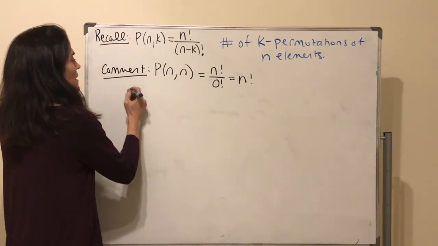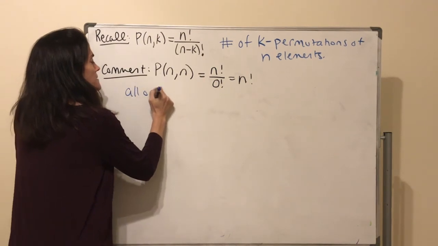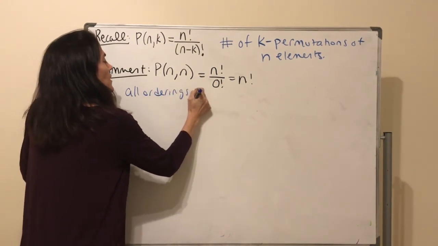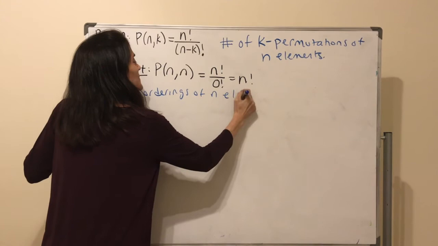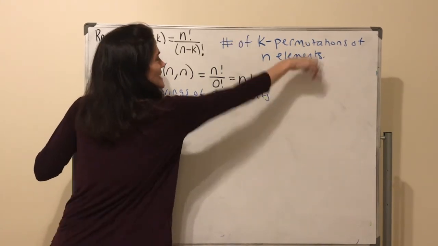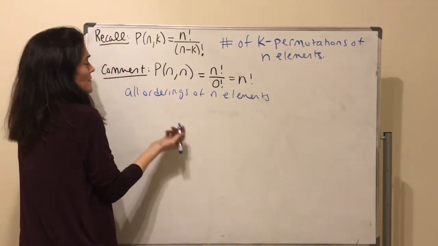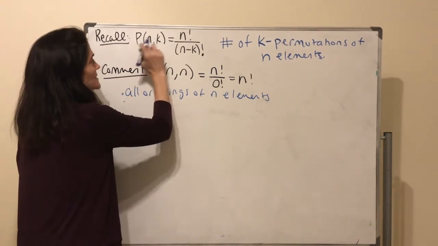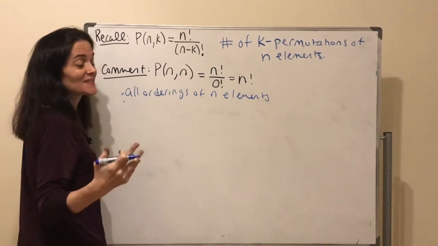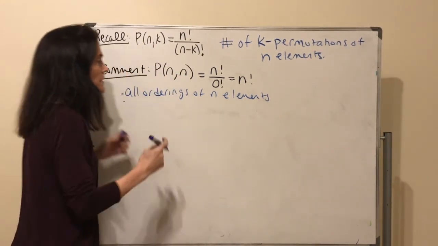So this would be all orderings of n elements. That's in this framework, but we could have thought about this without this P(n,n) notation. Just think about n factorial.